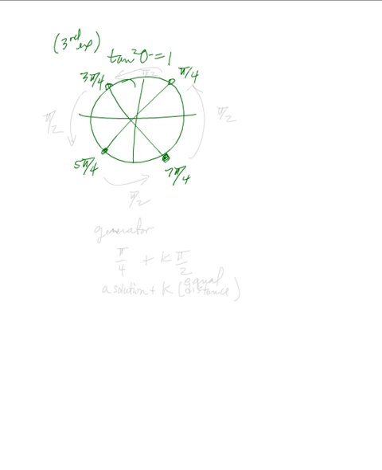And that these were the same distance apart at pi over 2, pi over 2, pi over 2, pi over 2. So the generator was pi over 4 plus k times pi over 2. So there's my A solution, meaning any solution. And then you have k times the distance, the equal distance. Okay. So there's your generator. That's the pattern.